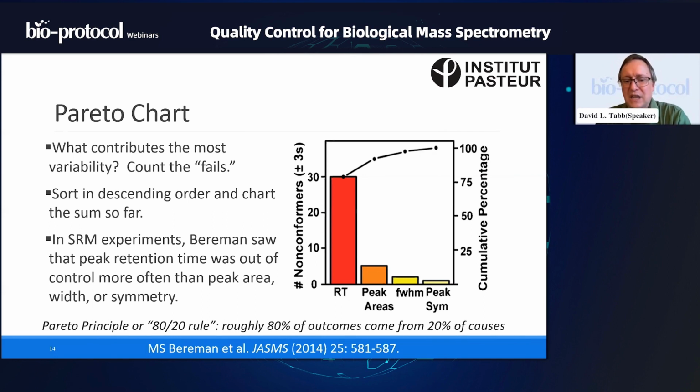In this case, he was evaluating a sample that had been analyzed many, many times over in SRM types of experiments, in selected reaction monitoring or targeted quantitation experiments. So in this case, he had asked over a large number of raw files, how frequently did we decide something was at fault based on the retention time seeming wrong for a peptide?